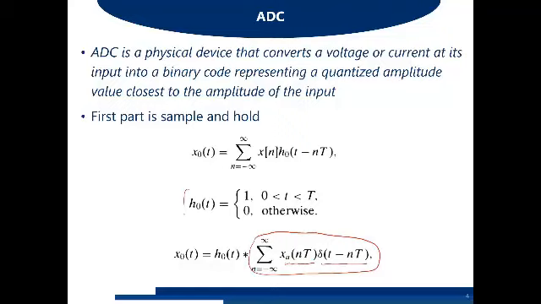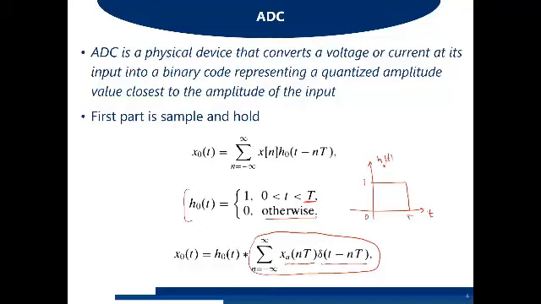So that impulse response is given by this particular expression, that h_0(t) is equal to 1 for the sampling period, and it is 0 otherwise. So it will have an impulse response shape like this, simply equal to 1 from 0 to capital T and 0 otherwise.